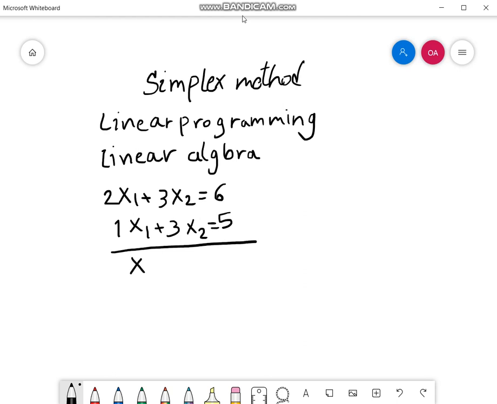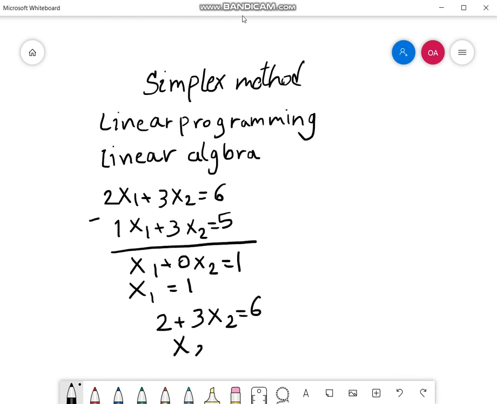Then we will have x1 plus 0x2 equals 1, so x1 will be equal to 1. We can substitute into either of these two equations, so then we will have 2 plus 3x2 equals 6, making x2 equal to 4 over 3.